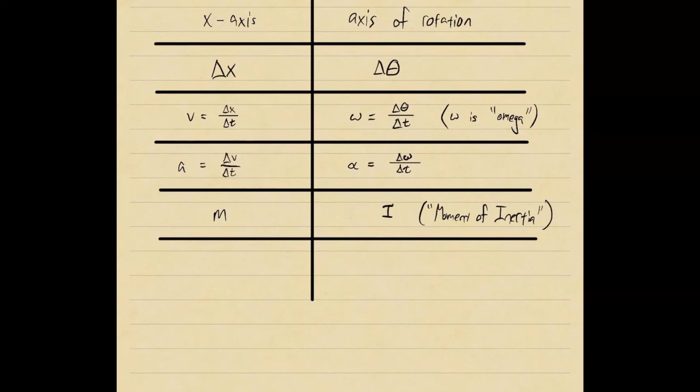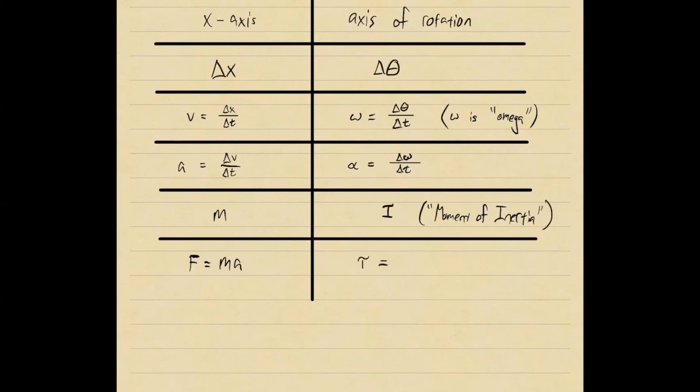All this brings us down to our final point on the table, which is that in 1D motion, we had forces, which are the mass times the net acceleration of the object. The analog of linear force is going to be torque, represented by tau.